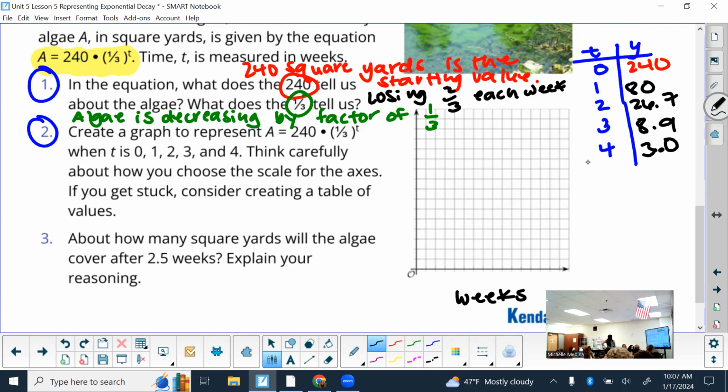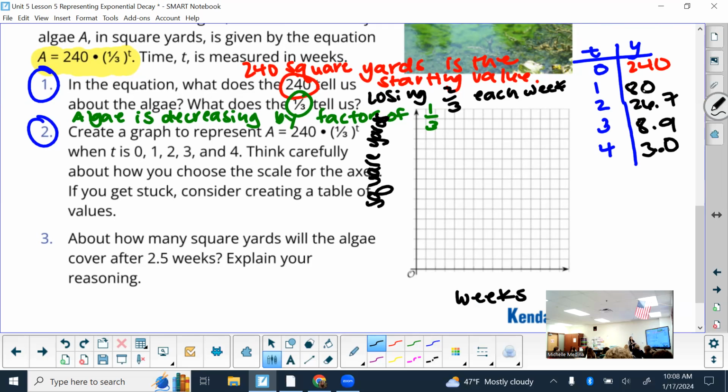So my X's go from 0 through 4. Could I label these by 1 if I wanted to? You could also do 0.5 or whatever else you see fit, but it needs to have at least 0 through 4 on the X. My Y represents square yards of algae.